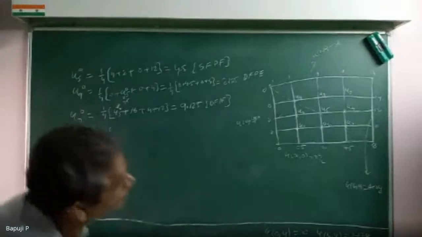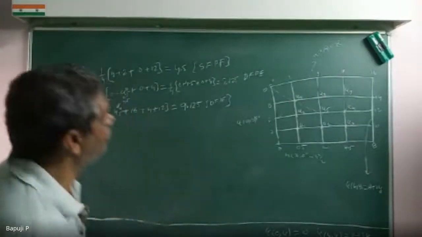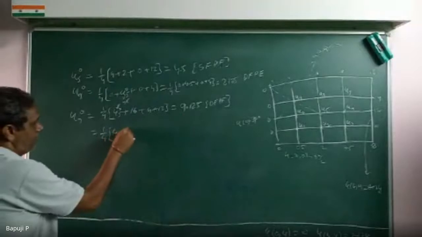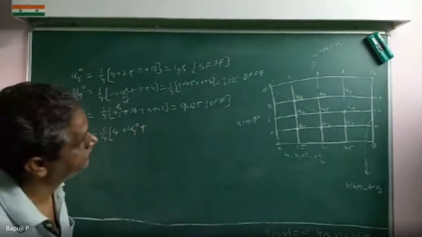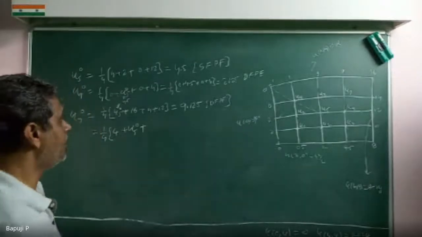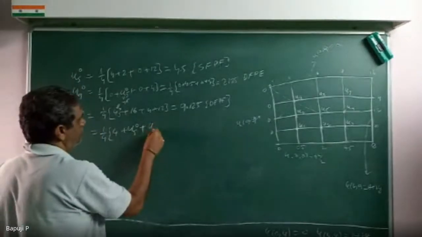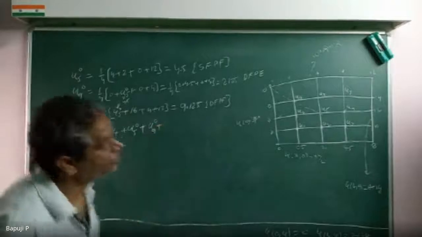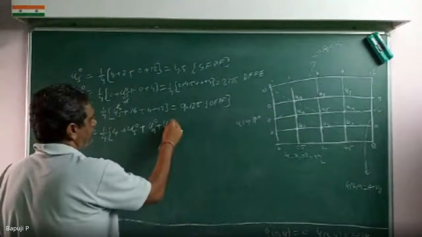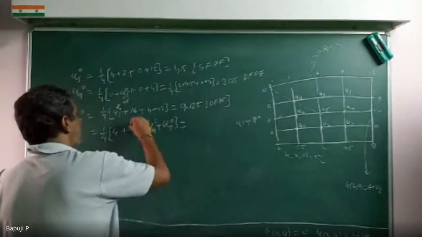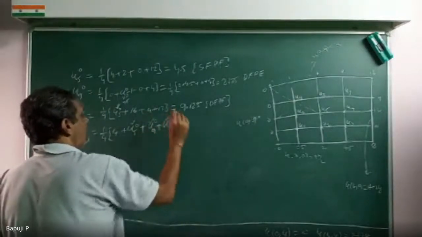1 by 4 of U5 of 0 plus U9 of 0 plus U7 of 0. So this value I know, this value I know, this value I know.